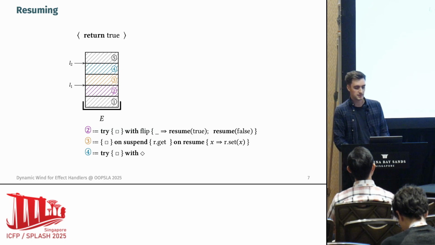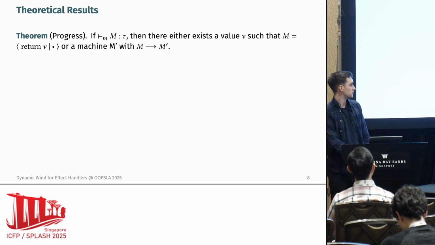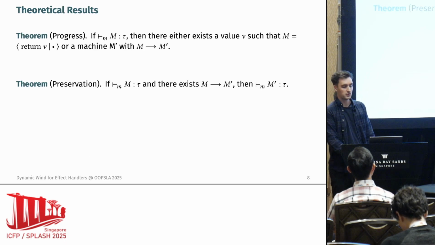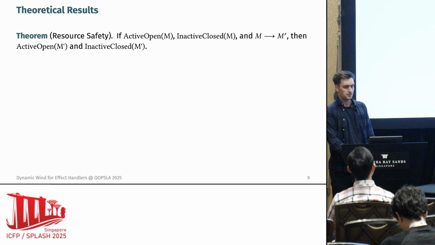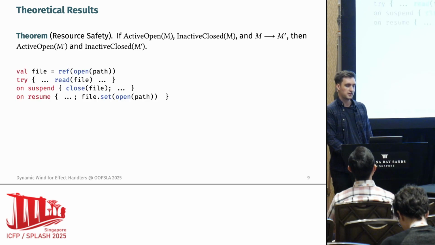So much for this. We also have some standard theoretical results. We have progress, we have preservation, and also, of course, soundness. Perhaps a bit more exotic, we also have a theorem called resource safety. I think it's easiest to understand what it says by looking at an example.